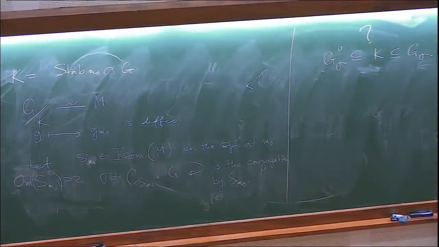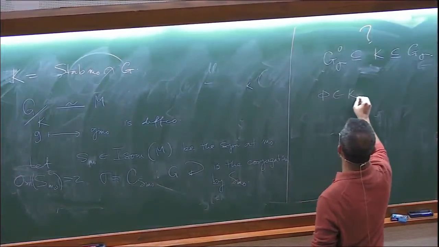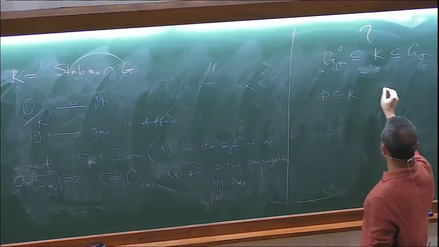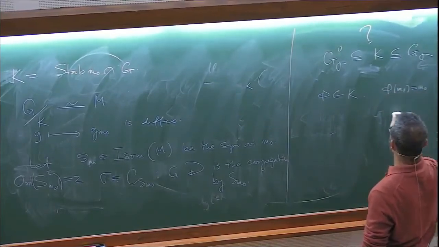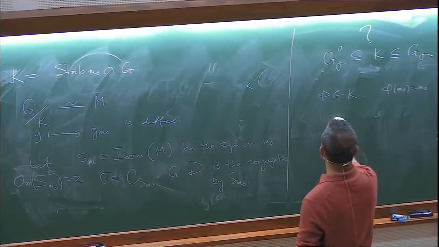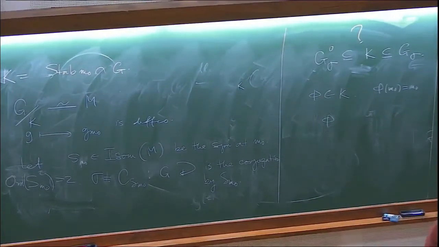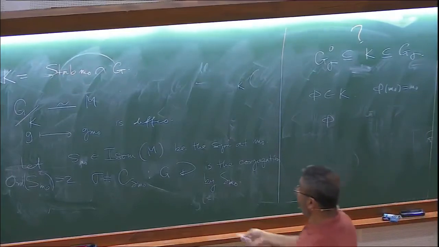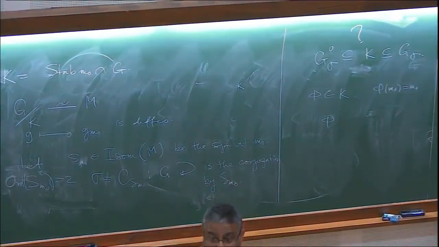So I take phi in K. That means phi of M0 is M0. I need to prove that phi gets fixed by conjugation by Sm naught, and that is equivalent to saying that phi commutes with Sm naught.